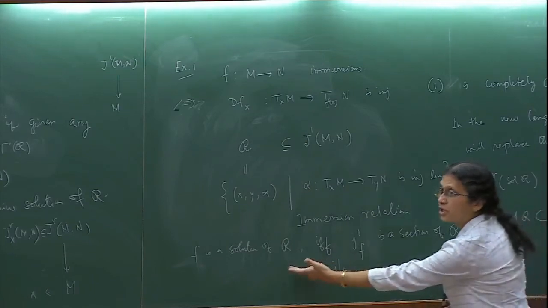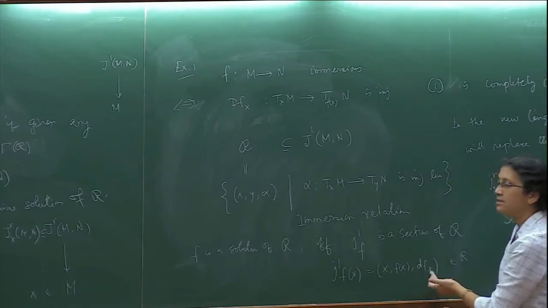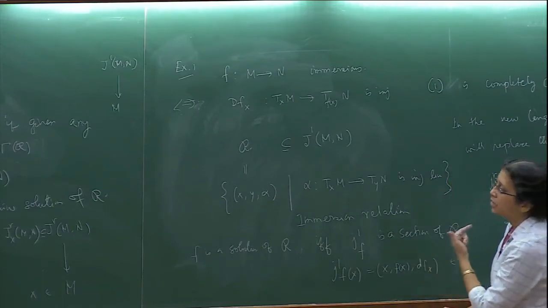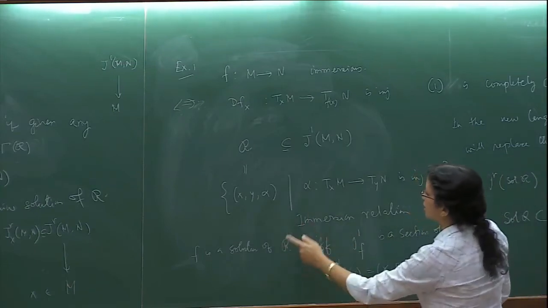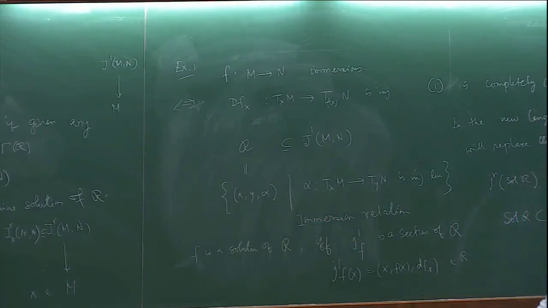So what is a solution? A solution is something whose df(x) is injective. That means F is an immersion. So anything which is a solution of this relation is nothing but an immersion, which I actually expected. That is how I formulated this relation.